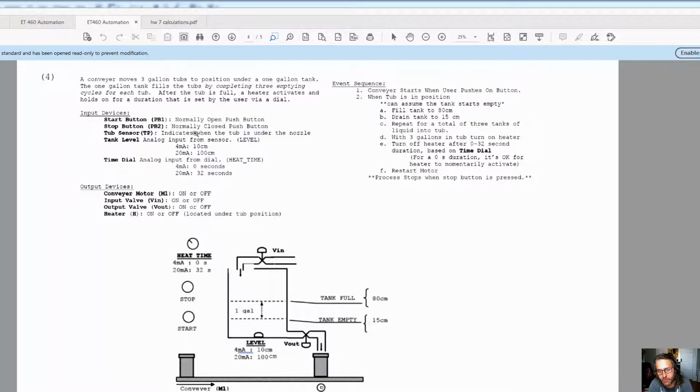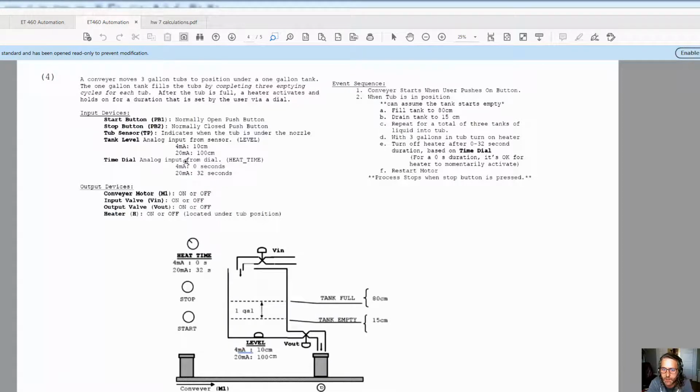A conveyor moves these 3-gallon tubs into place, and the tank, there's 1 gallon represented in between the full and the empty set points at 80 centimeters and 15 centimeters, so that tank level is working on an analog input. And you can see the scaling here, 10 centimeters to 100 centimeters.